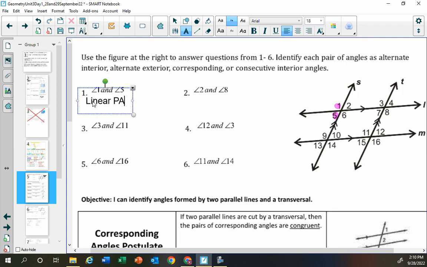Yeah, we'll just go through this real quick because I don't think you're going to see something like this on your test. Now, 2 and 8, don't even bother. That's a cross out.